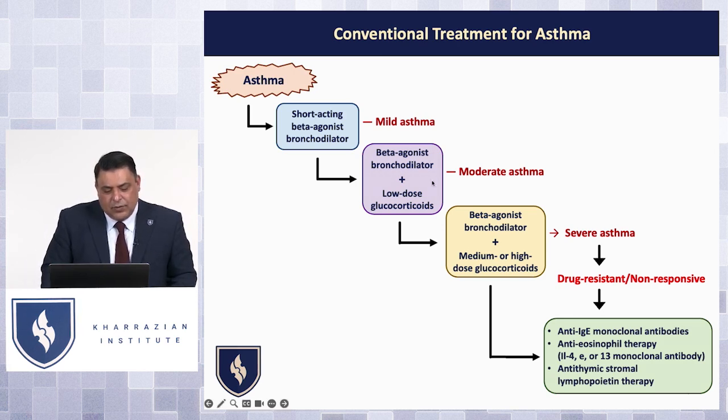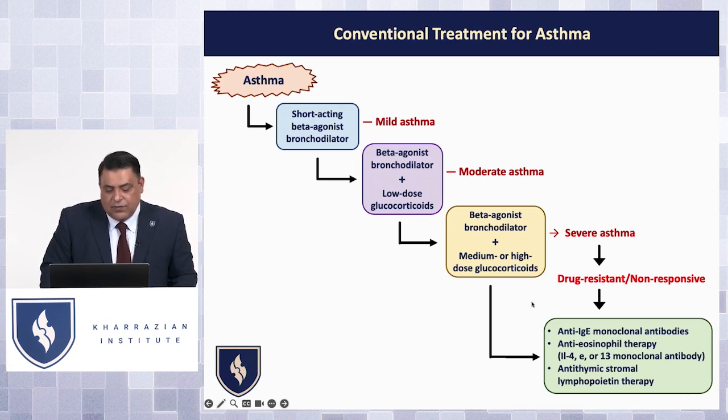And somewhere between mild to moderate, they start to add in the low-dose glucocorticoids with the bronchodilator as a form of therapy. This will just be in the inhaler itself, depending on what's prescribed to them. And then as they get into severe asthma, they're getting the bronchodilator inhalers with much higher steroids. They may even be given other types of glucocorticoids, like through a nebulizer.